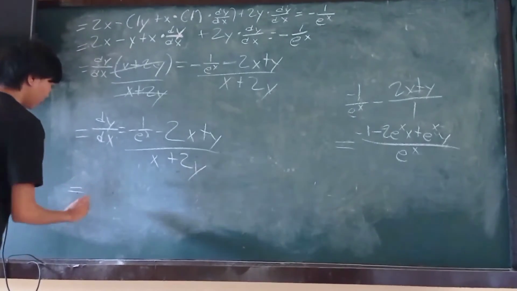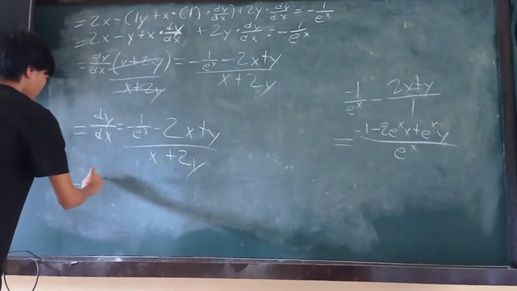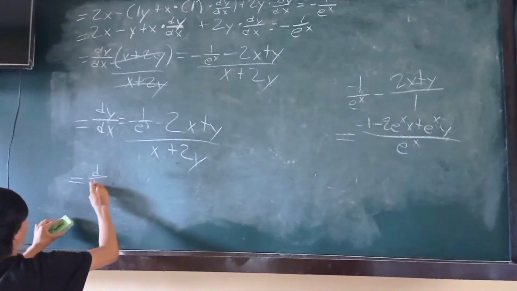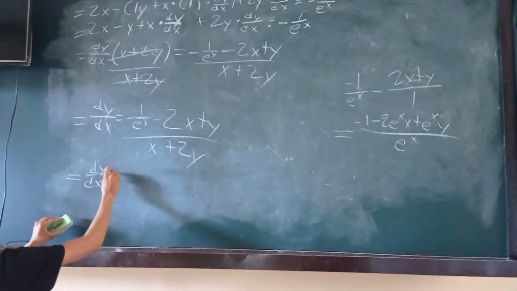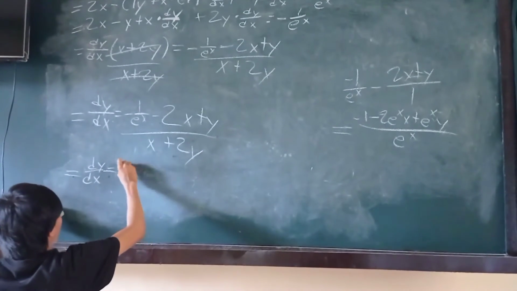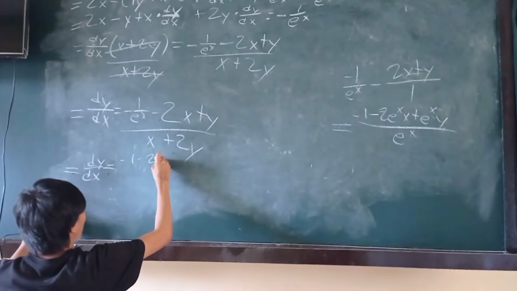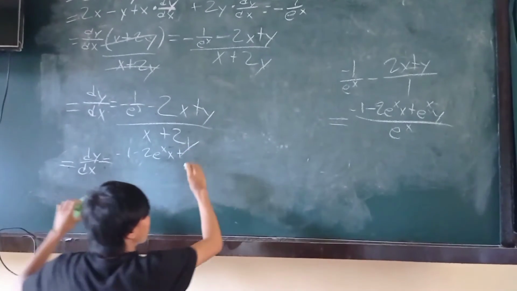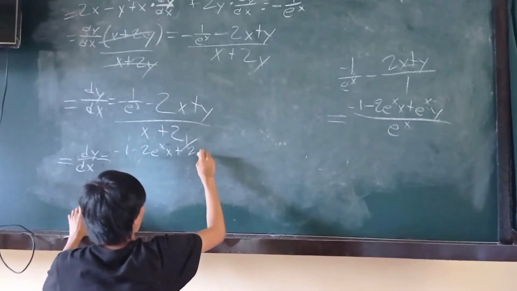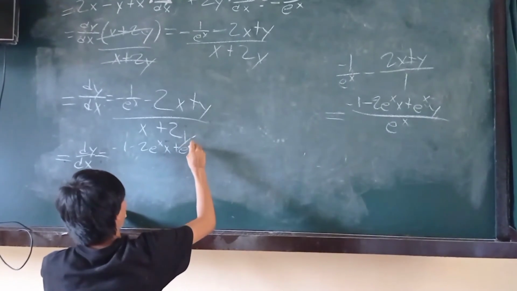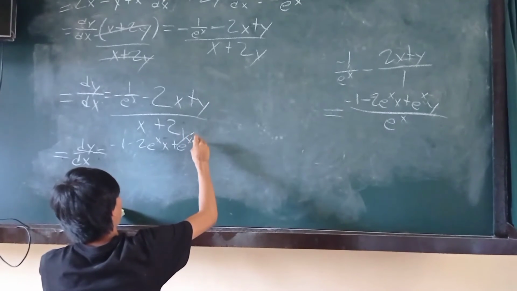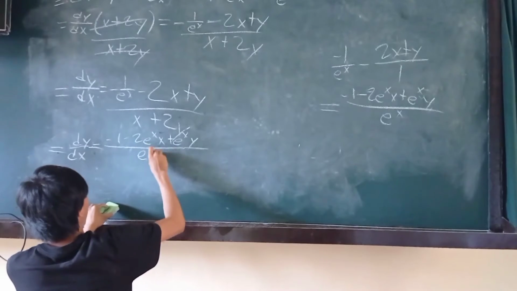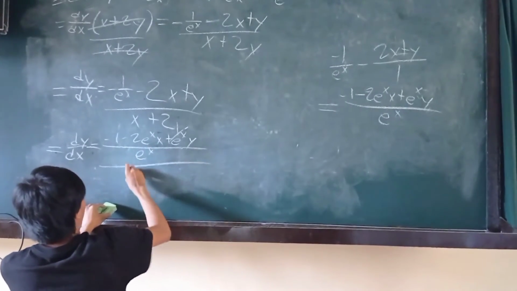Then dy over dx is equals to negative 1 minus 2x e raised to x plus y e raised to x over e raised to x, all over x plus 2y.